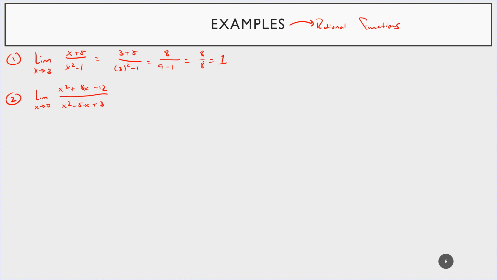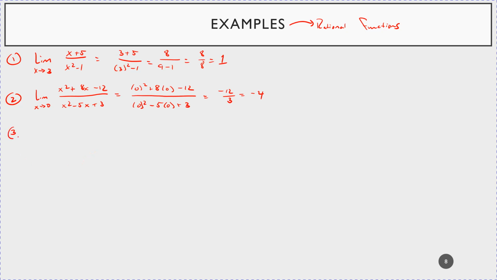If you plug 0 into this, you do not get a divide by 0. So this just becomes 0 squared plus 8 times 0 minus 12 all over 0 squared minus 5 times 0 plus 3. Well, look, 0, 0, 0, 0. So this just becomes minus 12 over 3, which is just negative 4.